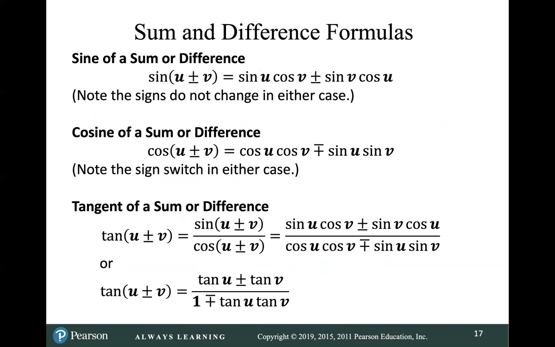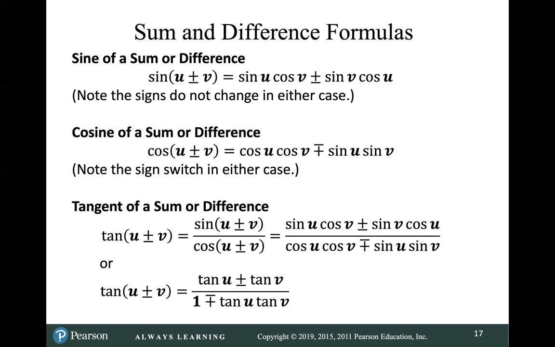Formulas. We learned a lot of different identities in our last video. This time, we're looking at identities as formulas. And that means if I need to calculate sine, cosine, or tangent of an angle that is not on the unit circle, and I want to use unit circle values, I'm going to use this formula to find a way to make the angle that I want out of unit circle values.